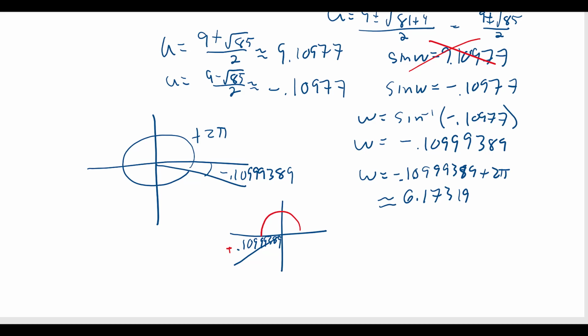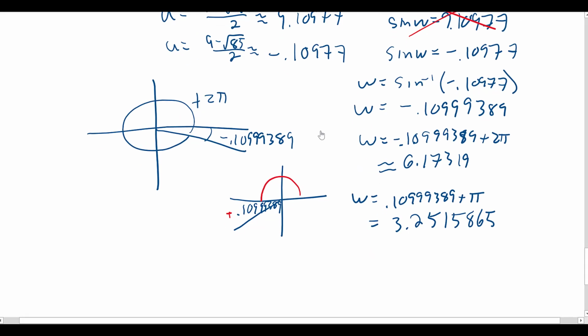So the other angle is going to be omega equals 0.10999389 plus pi, and that's going to give us 3.2515865.